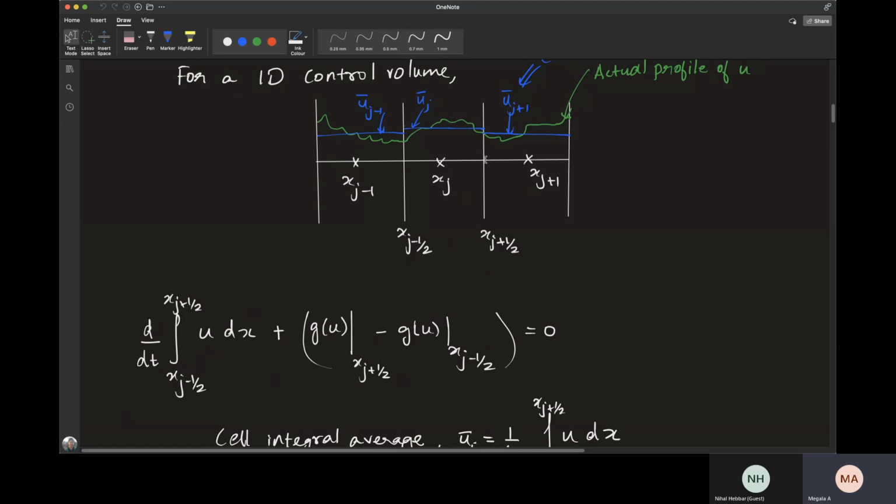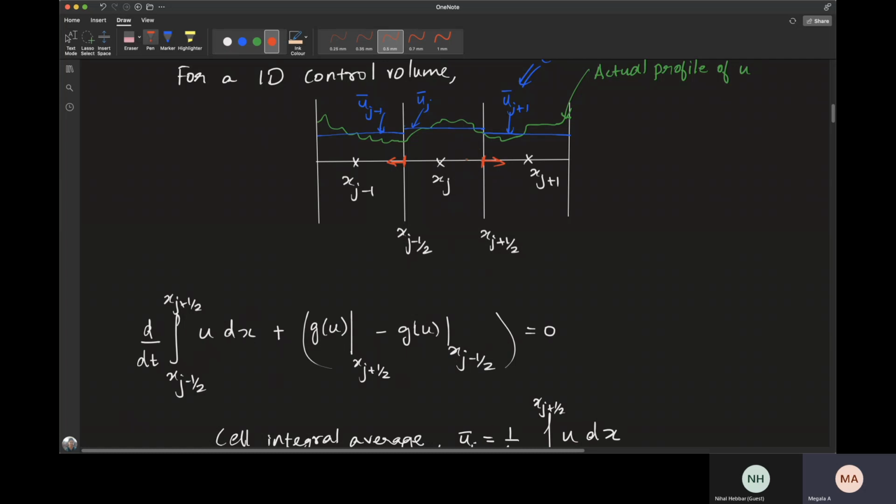So G dot n here will be at this interface. At this interface the normal vector will be in this direction, whereas at this interface, the outward normal vector will be in this direction.